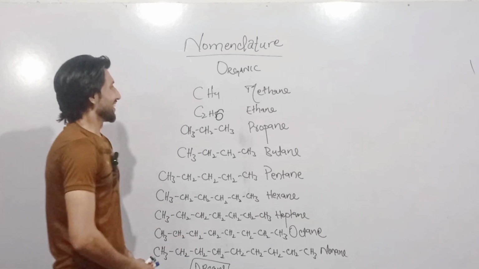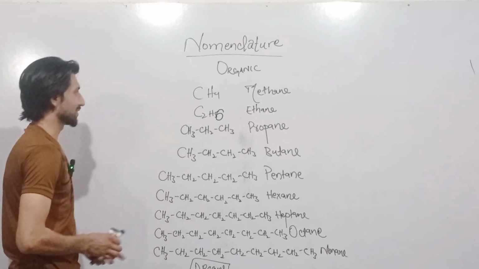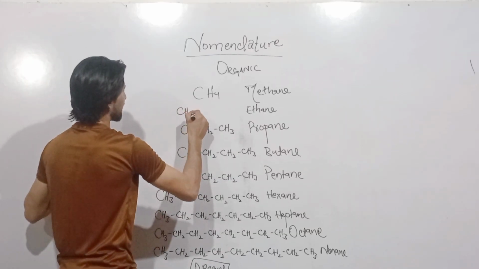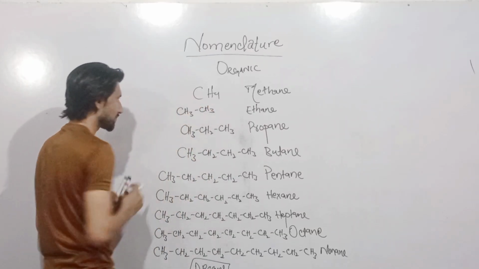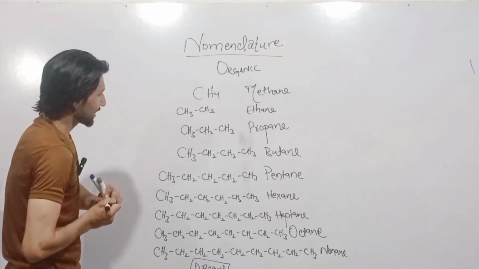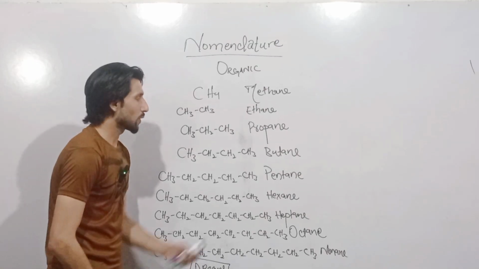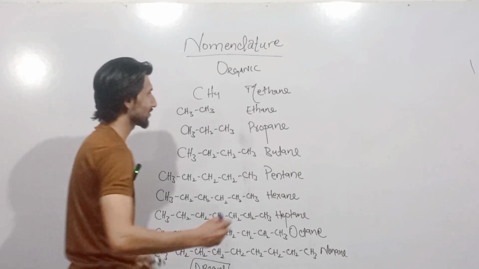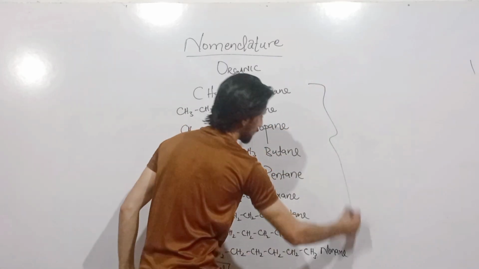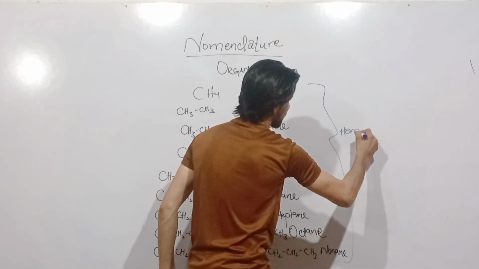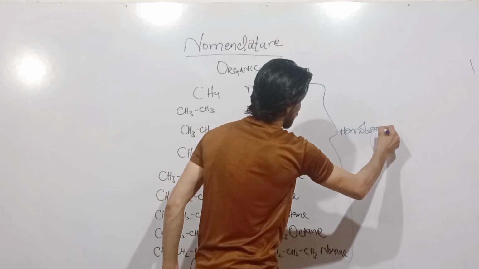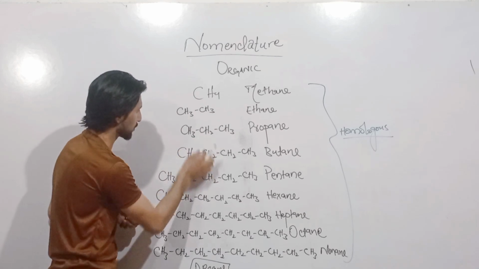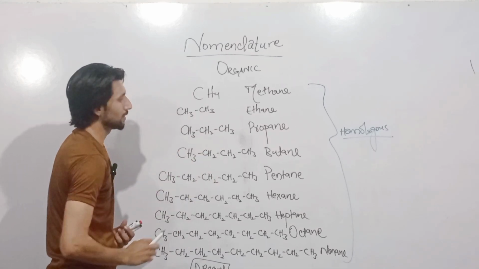So let me tell you something. Let me expand this one too. So this one is CH3, CH3. So this is also called the homologous series of alkanes, straight chain alkanes. You can see that there is just a CH2 difference between two consecutive members.